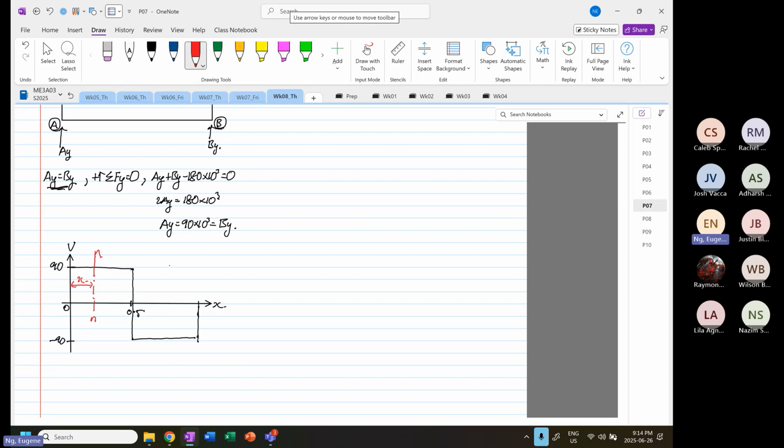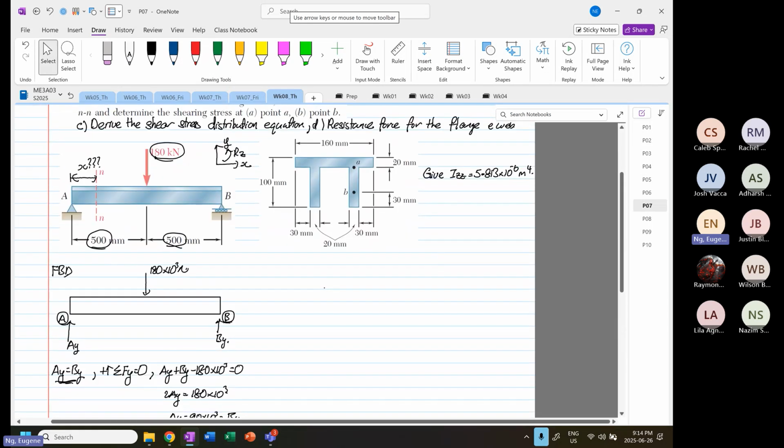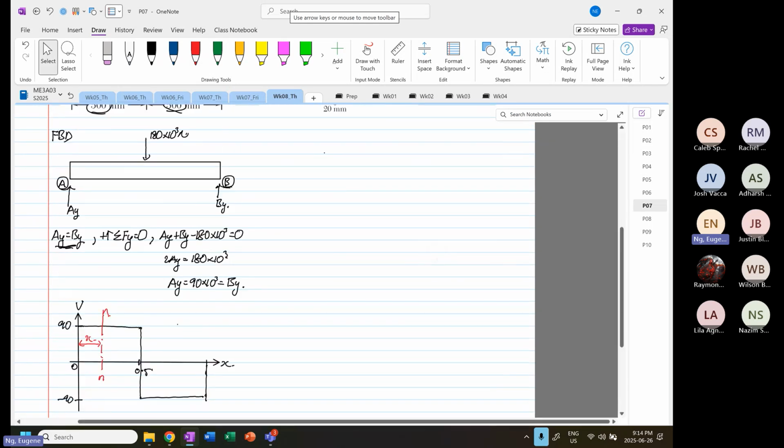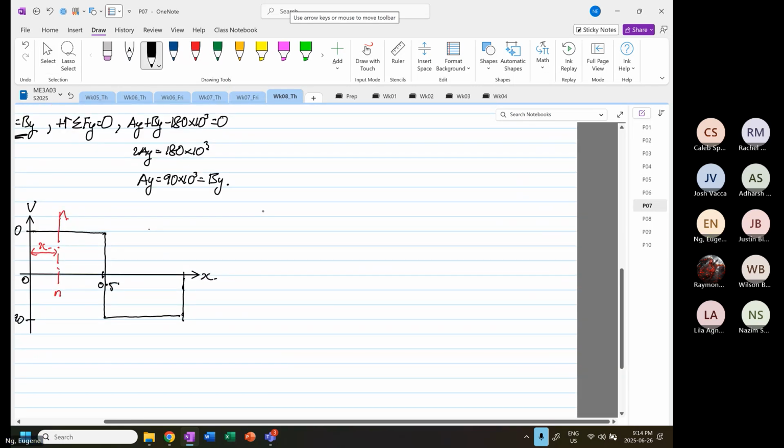Sometimes in your exam, there is information that is not given. When I don't give that information, it means the information is not important. So from here we have concluded that Vmax is equal to 90 times 10 to the power 3 Newton.